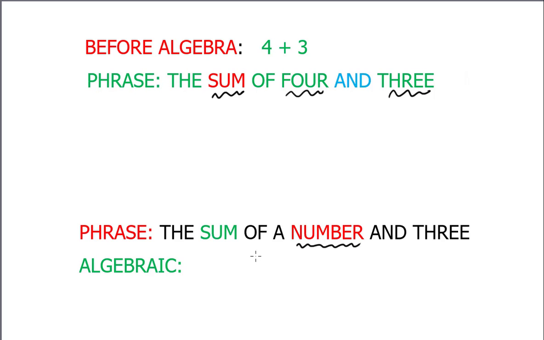Let's assume the unknown number is x, then x plus 3. You can use any letter to represent the unknown number, not only x. That's the topic for today, using a variable to represent the unknown number.